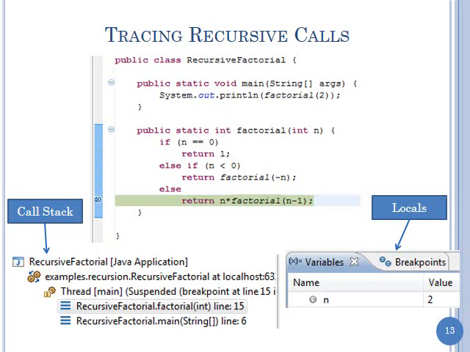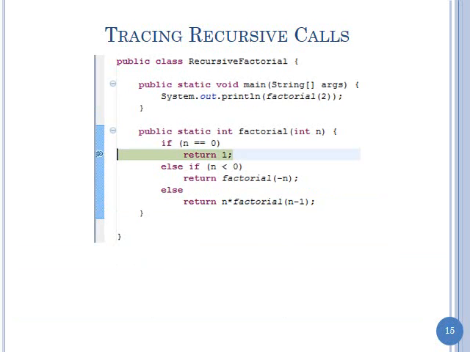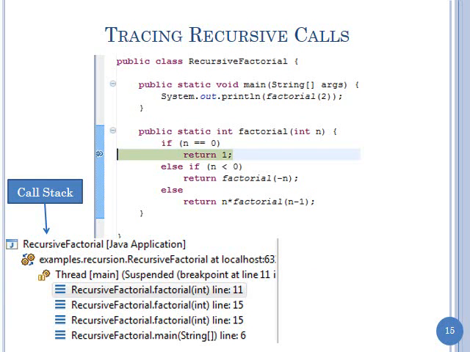So I start with factorial 2 and my n is 2. We don't know what factorial 2's return value is, but we know factorial 2 calls factorial 1, and that then calls factorial 0. And we don't know what factorial 0's return value is immediately. And then we go to this stage.